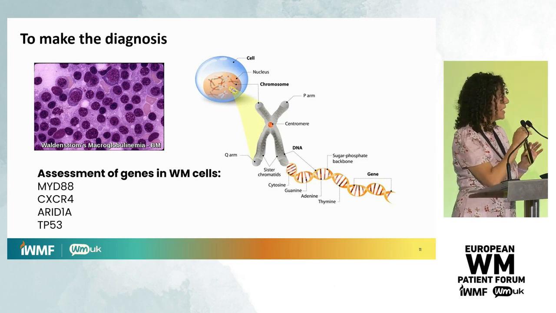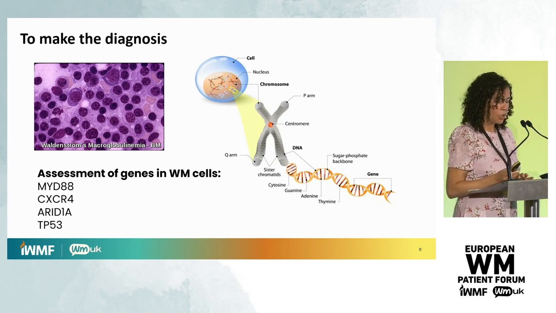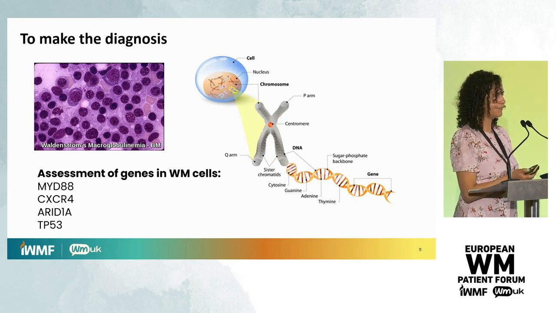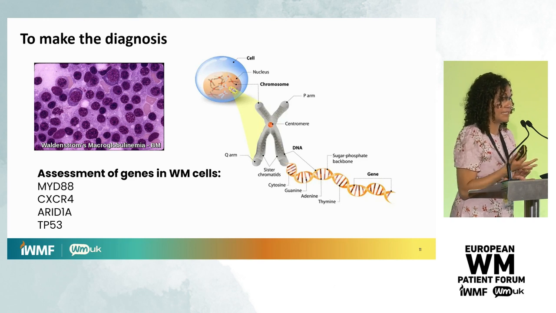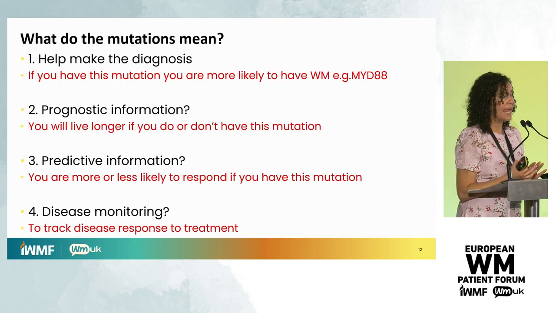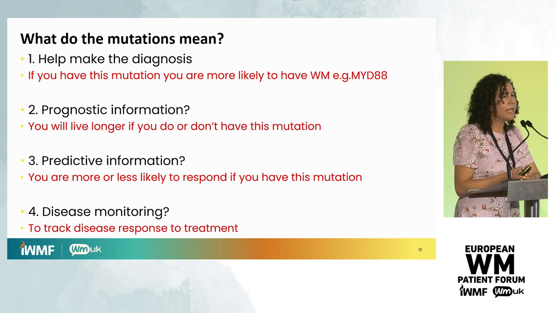So lots of names, but these are things that are, I think, going to become increasingly commonly checked for in patients with WM. So why do we check for these mutations, these mistakes in these genes? Well, potentially they may help us make the diagnosis. So we know that actually the vast majority of people with WM will have a mutation in the gene MYD88.